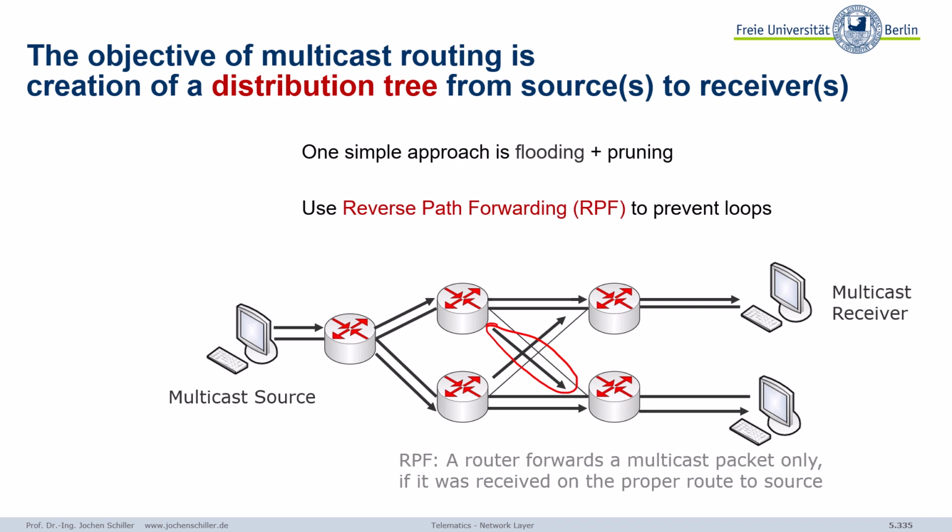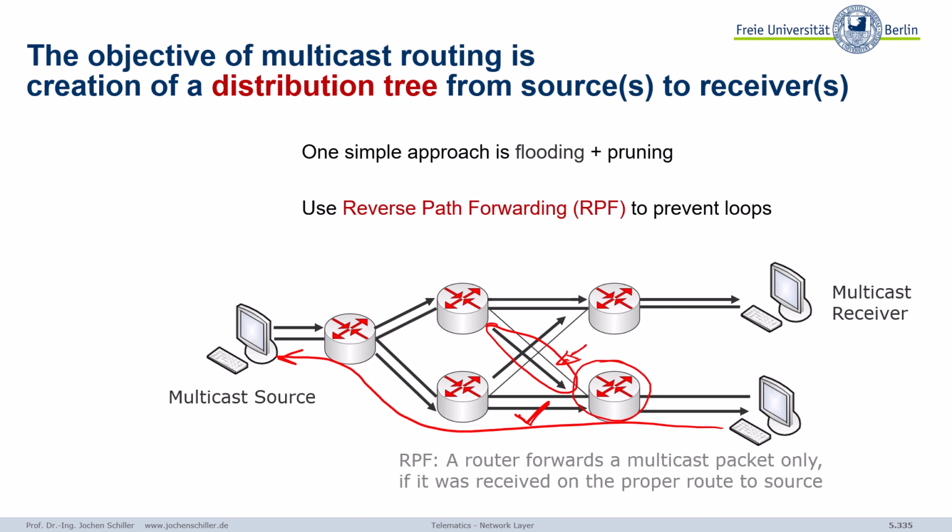Why? We just said that the proper route from this node shown here to the source was this one, the Unicast route. So this router will definitely not use this multicast data, because it was not received on a proper route to the source. Only this lower path is the correct one.